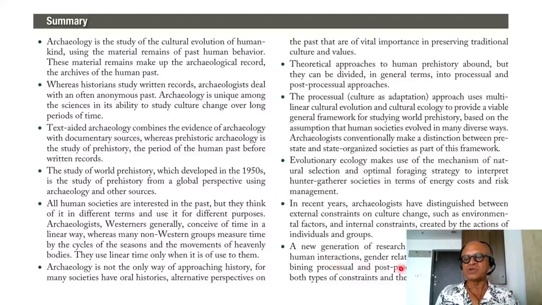A new generation of research is focusing on ideologies, human interactions, gender relations, and other topics, combining processual and post-processual approaches to study both types of constraints and their influences on the past.